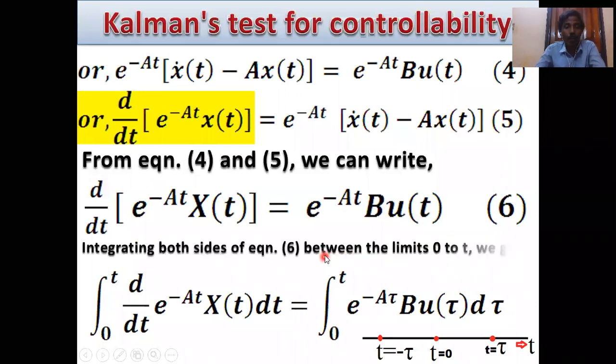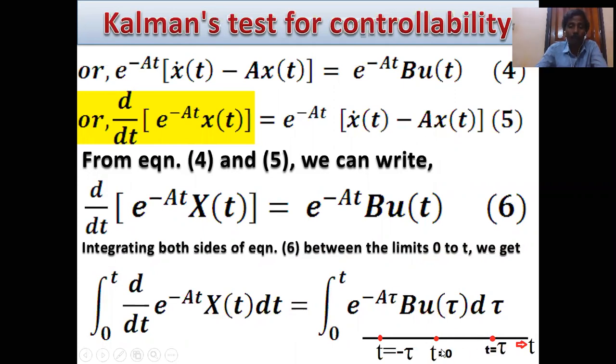Then integrating both sides of equation 6 between lower limit 0 and upper limit t, we get, left-hand side 0 to t, d/dt of e^(-at) x(t) dt, and right-hand side 0 to t, e^(-a tau) b u(tau) d tau, because tau is any time in the interval, at that time t equals tau.